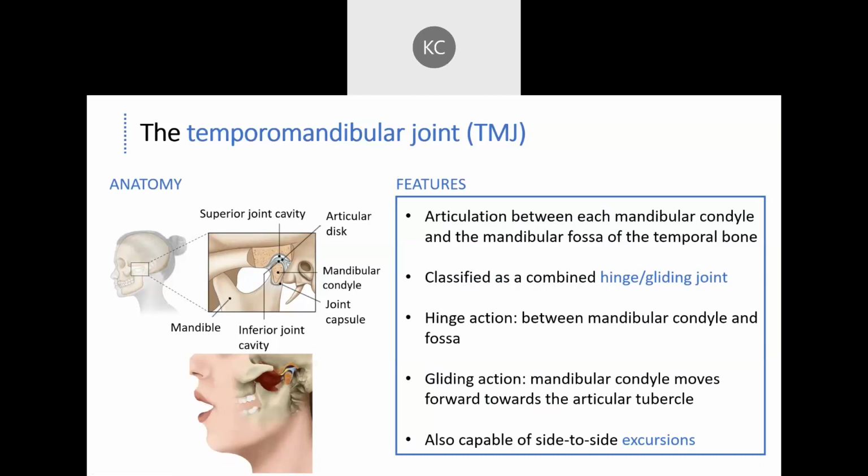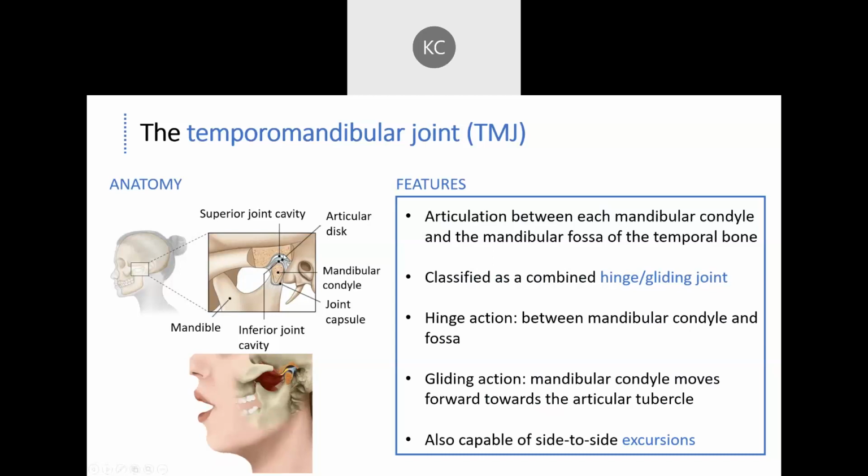Specifically, this is the mandibular condyle, also known as the condylar process of the mandible. If you see these two images down here, this rounded end of the bone of the mandible, as well as this one right here, is the mandibular condyle. And then you have the temporal bone, here on this lower image and up here.